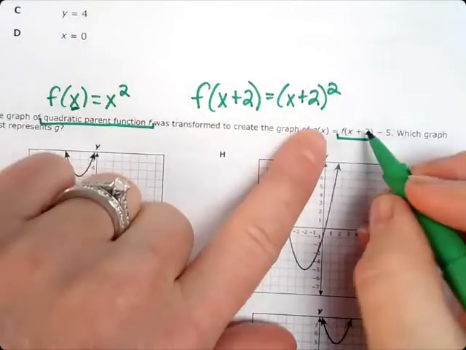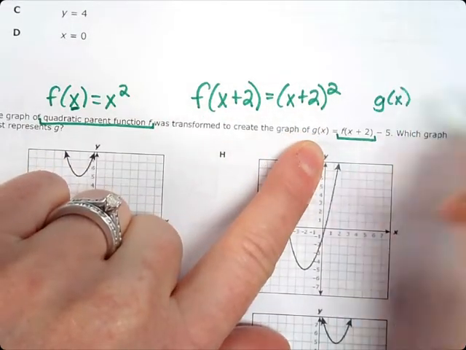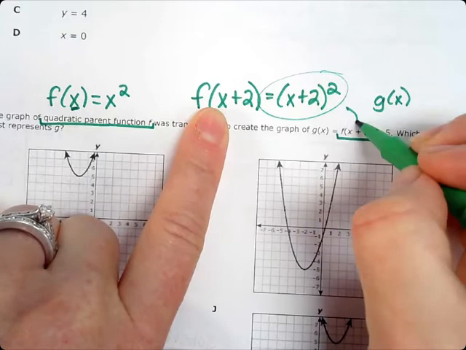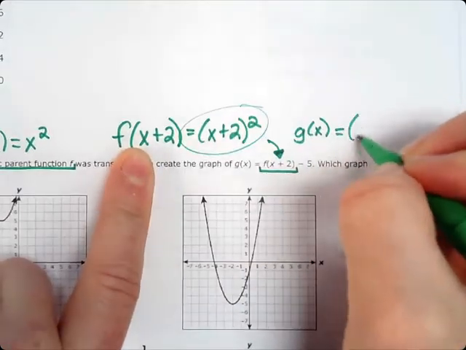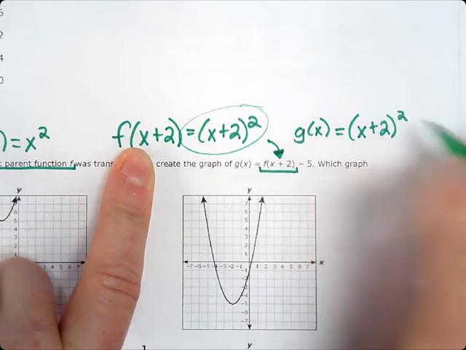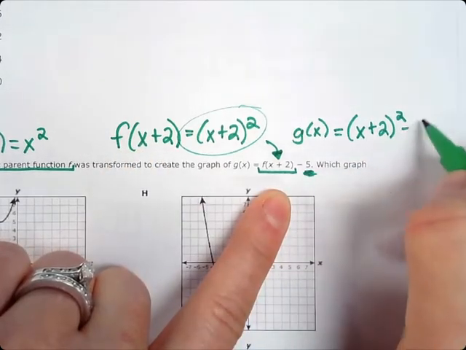So now I can rewrite this g of x as this is going to go in the place of the f of x plus 2. So it's x plus 2 squared. And then we need to just keep the minus 5.